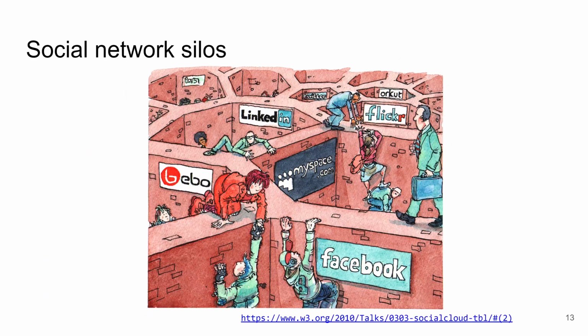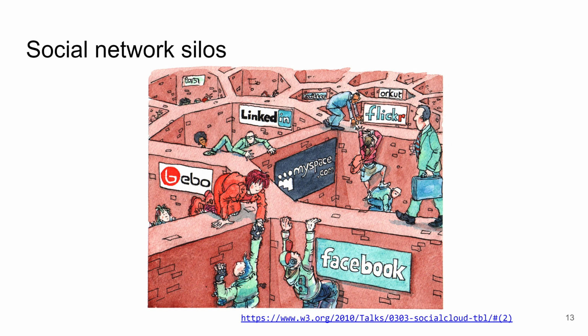And actually the complexity is illustrated by this nowadays famous illustration, the social network silos. Each of the silos here represents a social network with its API. And what it also represents is that each social network is a walled garden, a silo.